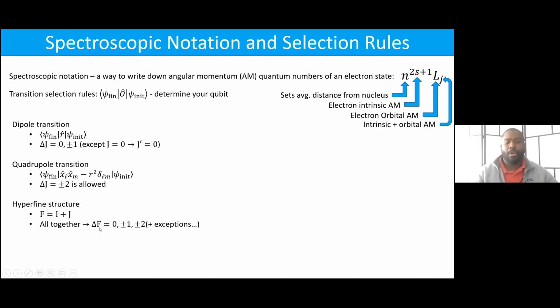And so altogether, you have transitions between different energy levels labeled by F, where delta F for the transition can be 0 or plus or minus 1 for dipole transitions, or if you're thinking about quadrupole transitions, also plus or minus 2.